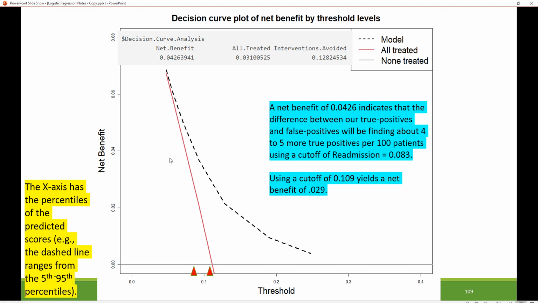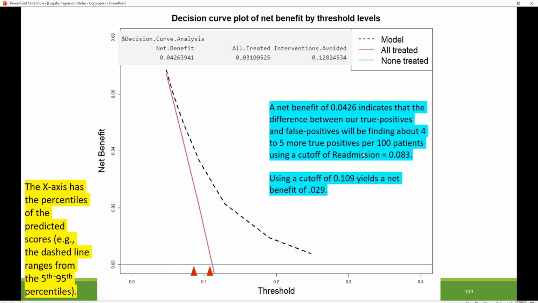So this is the second cutoff we used in the example above, and by setting that cutoff of 0.083, we get a net benefit of 0.0426. So we would expect to have about 4 to 5 more true positives per 100 patients.